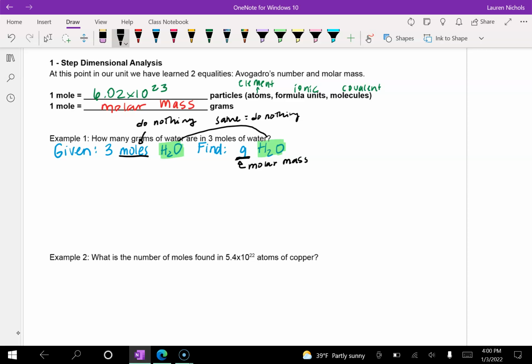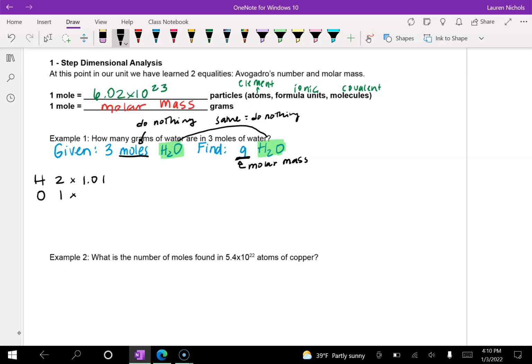Now, some of you might know the molar mass of water off the top of your head if we've calculated it enough, but otherwise we'll have to use the skill that we learned in our other video about how to calculate molar mass to actually do the calculation. So we have hydrogen and oxygen. There are 2 hydrogens and 1 oxygen in water, and we multiply them by their mass from the periodic table.